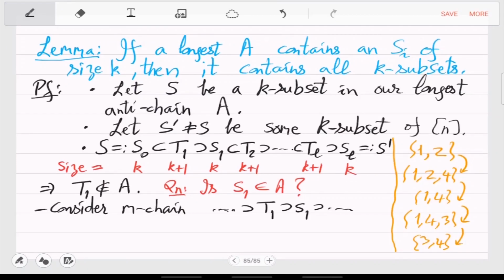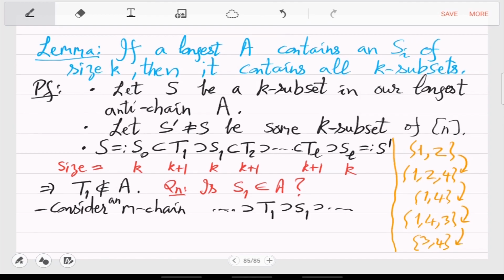So consider some chain which has this T1 containing S1, and then after S1 you have subsets, before T1 you have supersets. Do you agree that from this M chain something has to be there in the longest anti-chain A that we have?